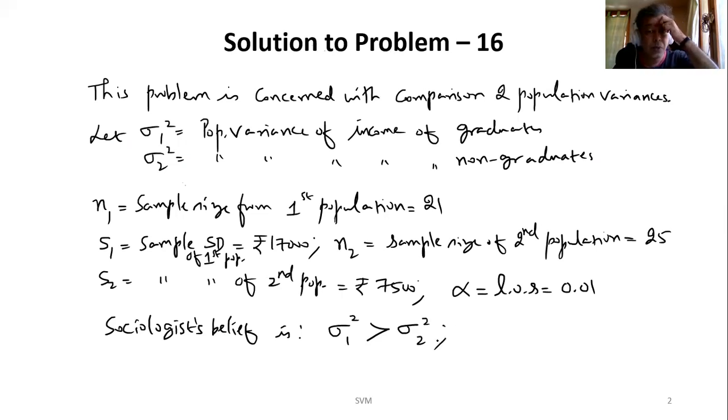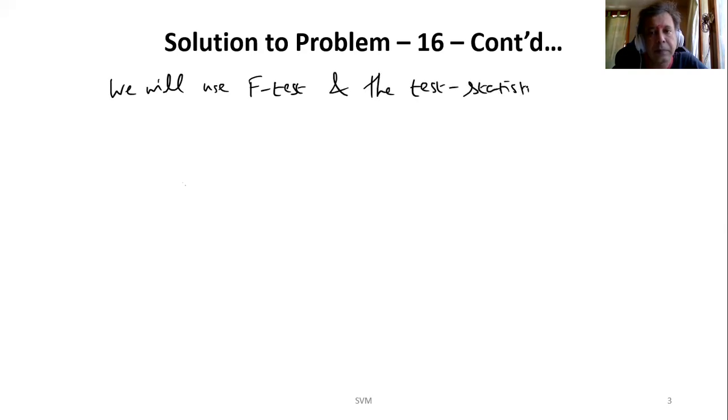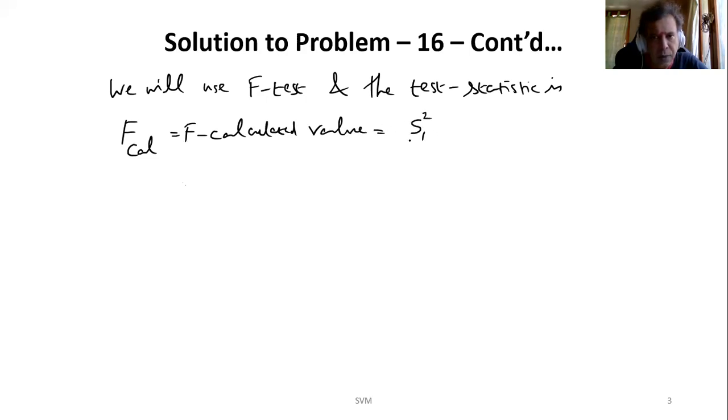Now, let us proceed. Since it is a two population variances problem, we will use the F test, and the test statistic F calculated is S1 square by S2 square.